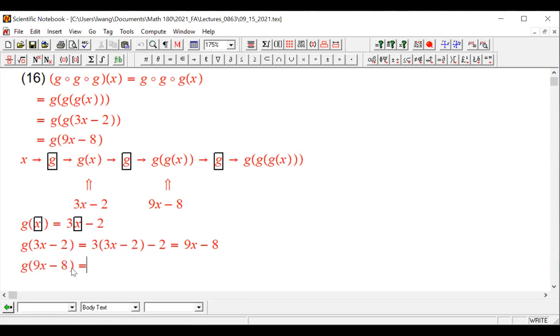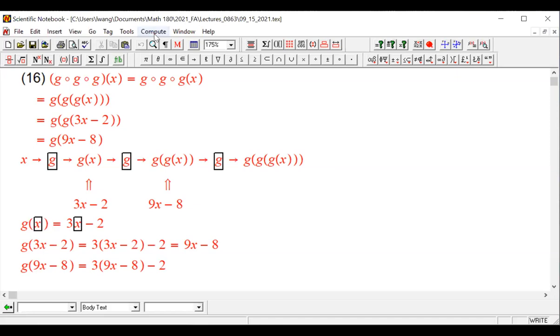The mechanism is the same. G of the box, the box is just a placeholder. So now that box is replaced by 9x minus 8. Therefore, it's just going to be 3 times 9x minus 8, minus 2.